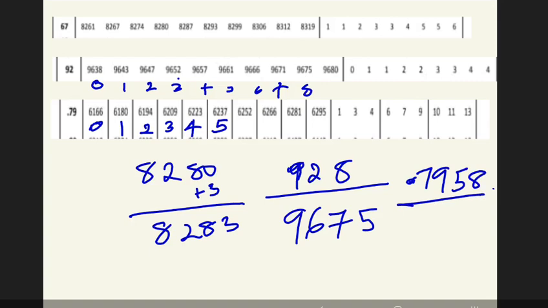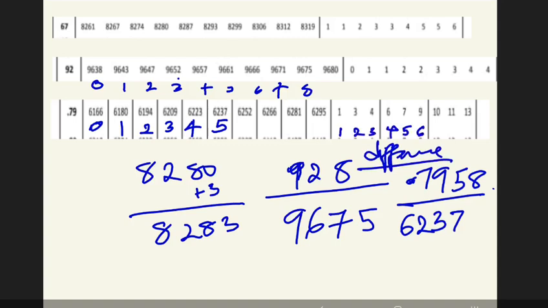The antilog of 79 under 5 gives us 6237. Now difference 8. Remember, this is the differences. The differences do not start from 0. It starts from 1: 1, 2, 3, 4, 5, 6, 7, 8.